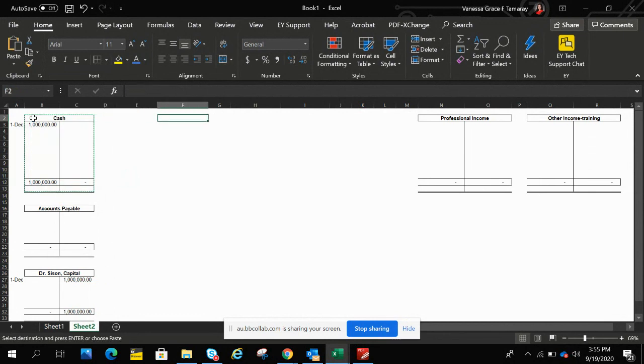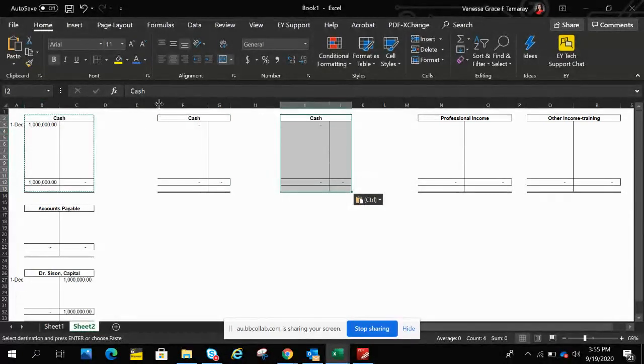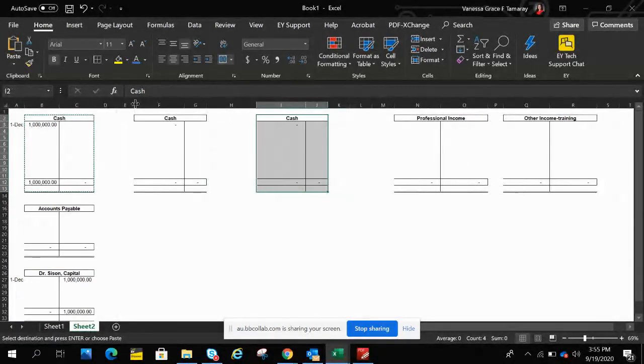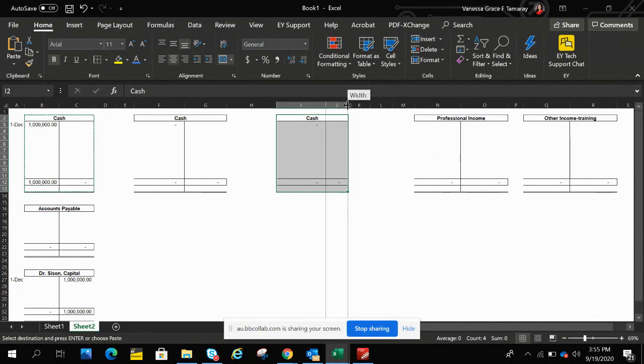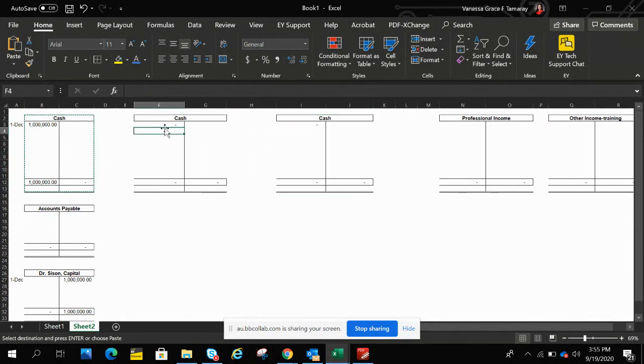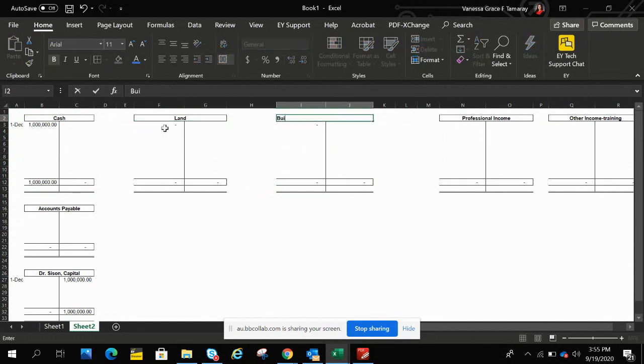Lagyan na lang natin sila. Land and building. Land and then building.